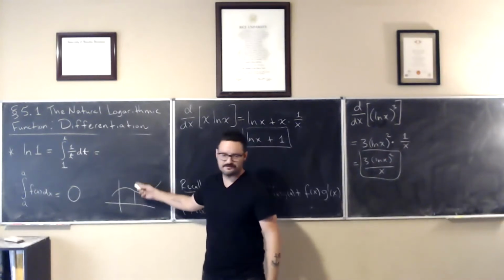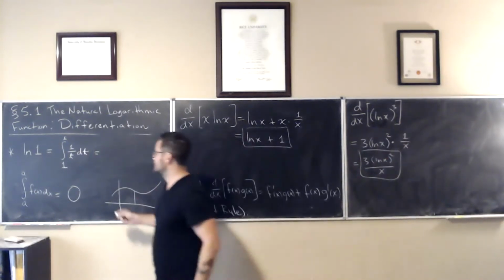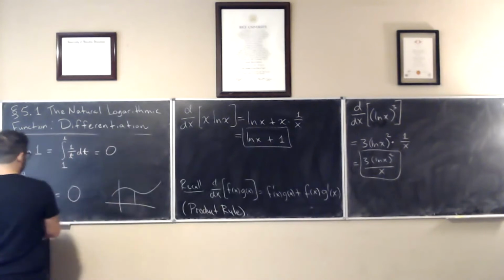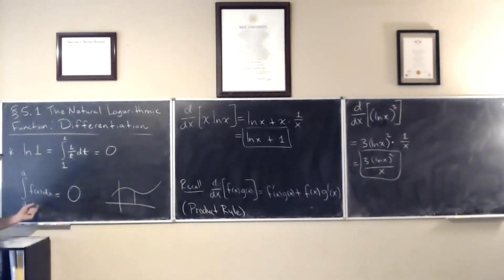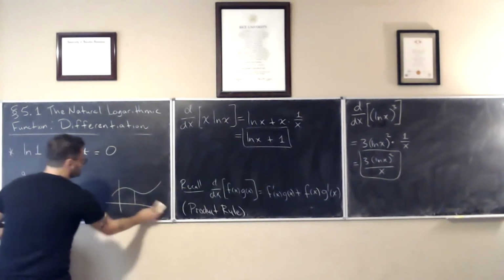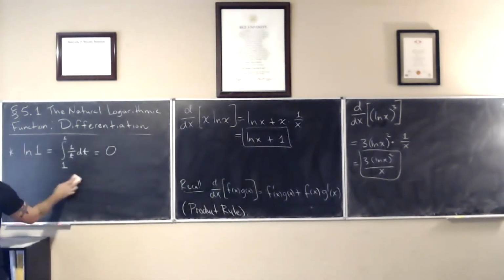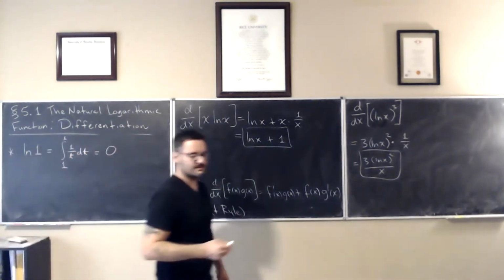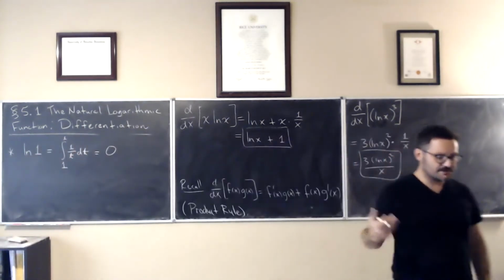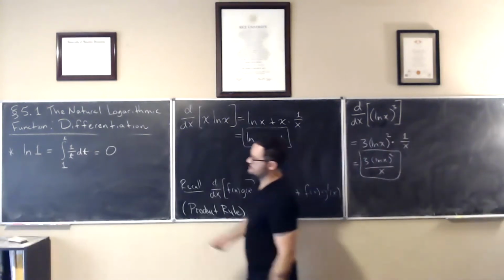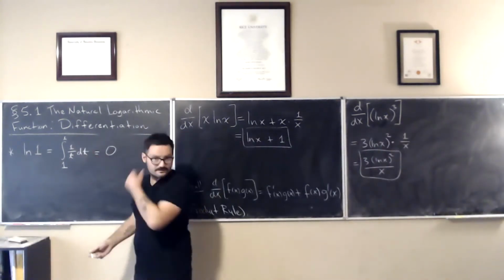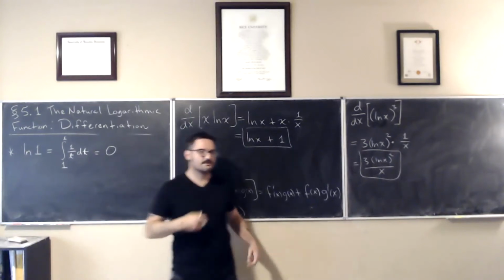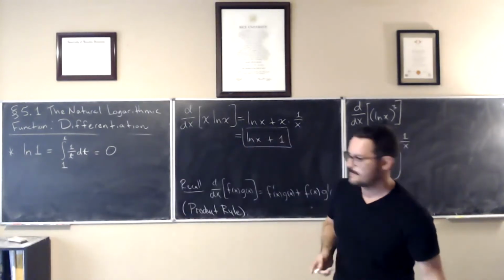There's no area defined there. Okay, so that's an important fact of natural log. In general, if you have the same limits of integration, your integral is going to evaluate to 0. So that's an important fact about the natural logarithm. If you plug in 1, you get 0, and that's because, by definition, when you evaluate that definite integral, you have 0 area.